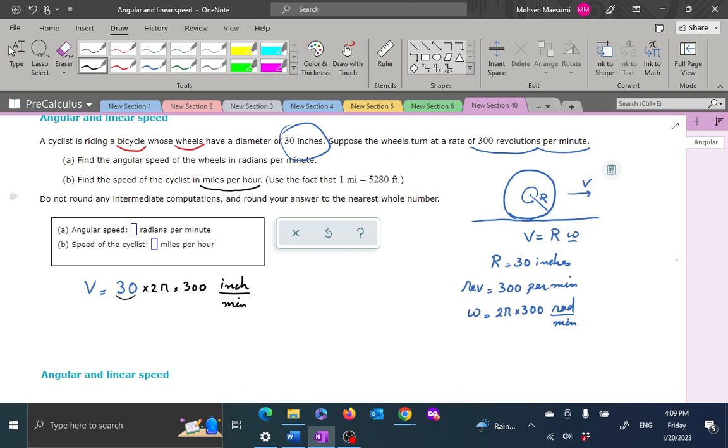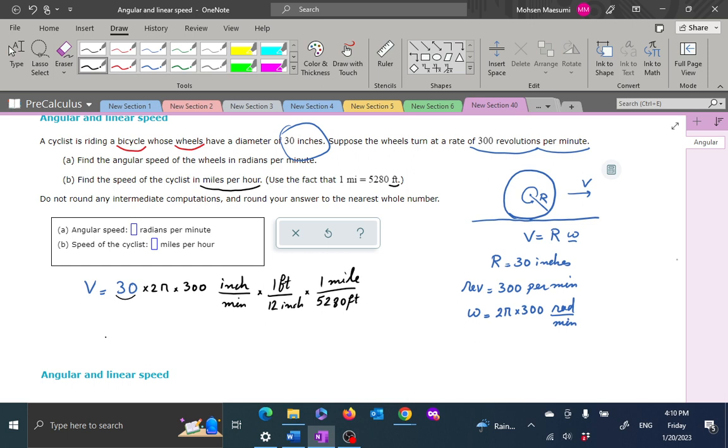So we have some ways to work to get there. First, we are given a little hint that 1 mile is 5,280 feet. So I convert this thing to feet first. I have to divide by 12 to get feet, and then 5,280 feet is equal to 1 mile.